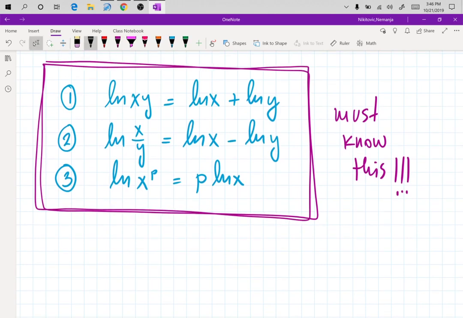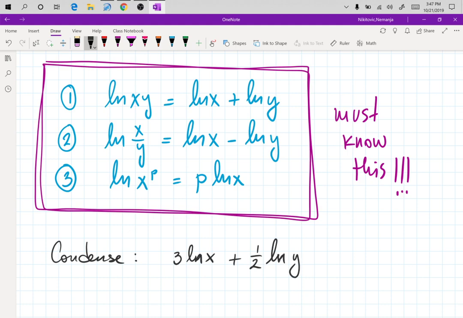So, your pre-calculus homework problems would say condense or compress, whatever, and then they give you 3 ln x plus 1/2 ln y minus 6 ln of z plus 1, for instance.